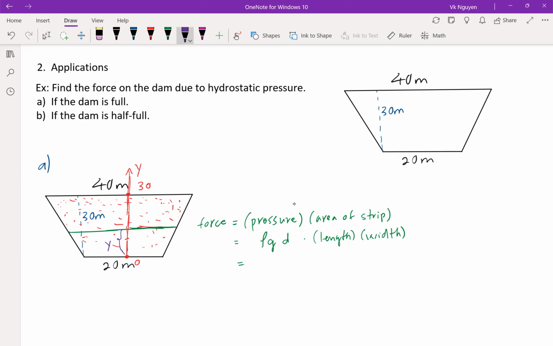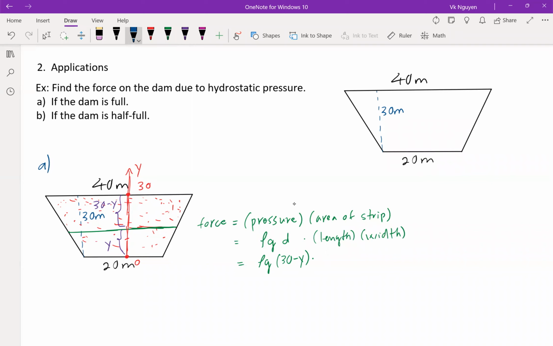So that means the depth of the strip is 30 minus y. Rho g times 30 minus y. The length would be the green part right here. That would be the length of the strip.